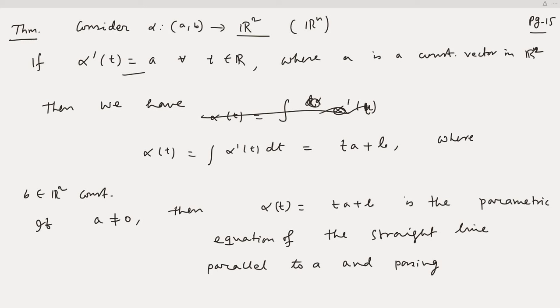For t equal to 0, alpha of 0 equals b, so it passes through b. And if a equals 0, then alpha is a single point image. Okay, so let us stop here. Thank you.